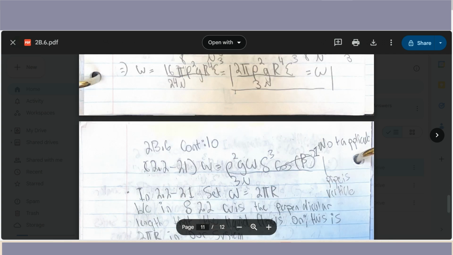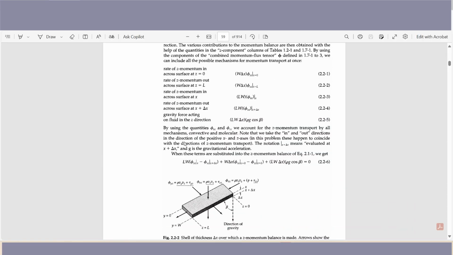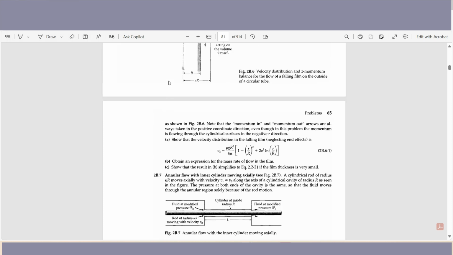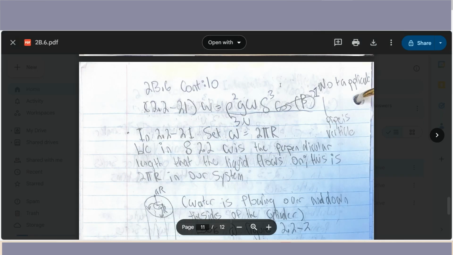So the width in this is analogous to the circumference in the cylinder example, and we're just setting it to 2 pi r because it's like the width of the surface.